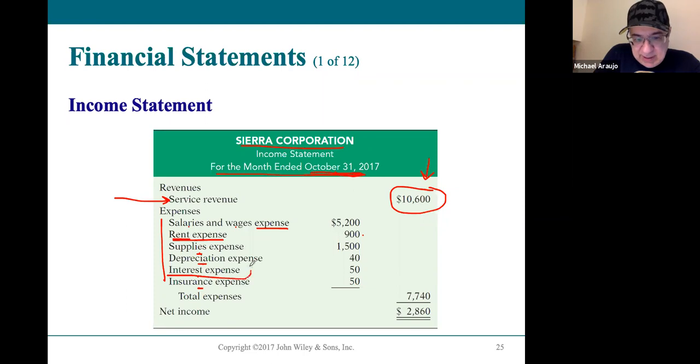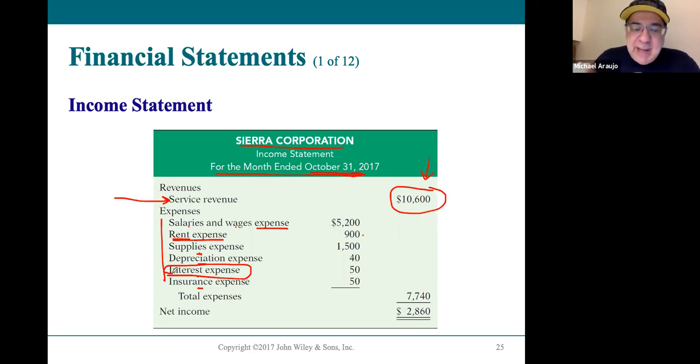Interest expense is very interesting. Anytime a business has a loan and they pay interest on a loan, the interest they pay on any of their loans is considered an expense, cost of doing business. Not the loan itself, just the interest on the loan.